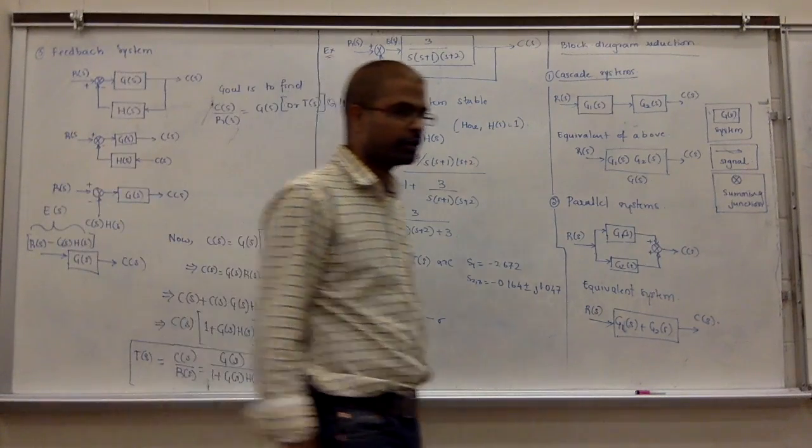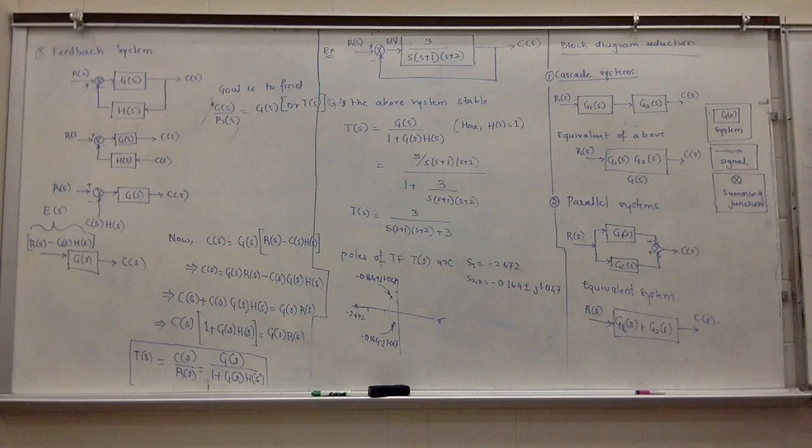If you see the first thing you note down, that area you mark. Show me the area you marked. This is what I wrote. Right, so all of this area. So all that area, if the poles are in that left half plane, the system is stable.